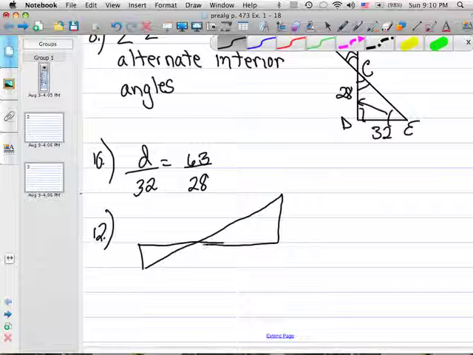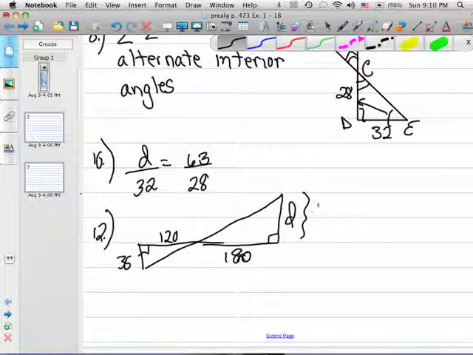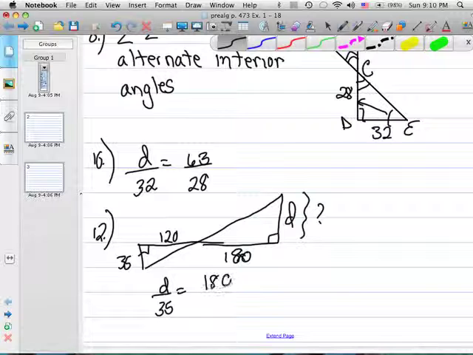And they have this is 35, this is 120. We don't know this. We know this is D. Excuse me, we do know this. This is 180. So we want this distance right here. We don't know that. So we can set up a proportion. D is to 35, as 180 is to 120.